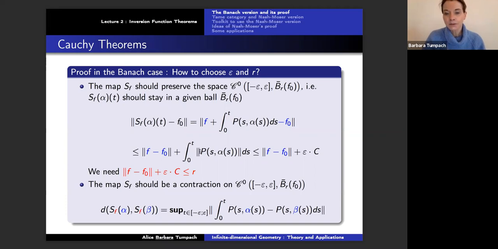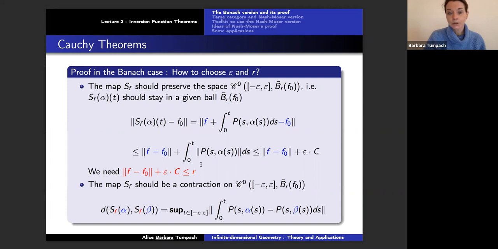And then we have to integrate the vector field P, but we have an estimate on the vector field. We know that it's bounded. So this we can estimate. Well, the time will be less than epsilon, and there was a bound on the vector field, which was a constant c.